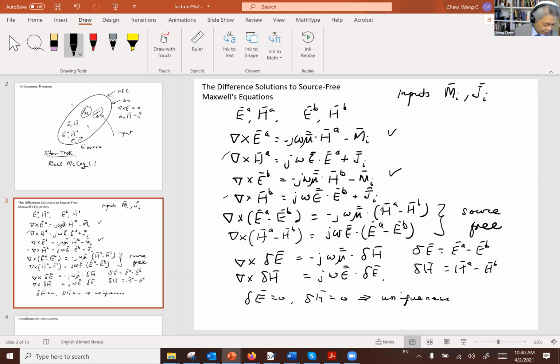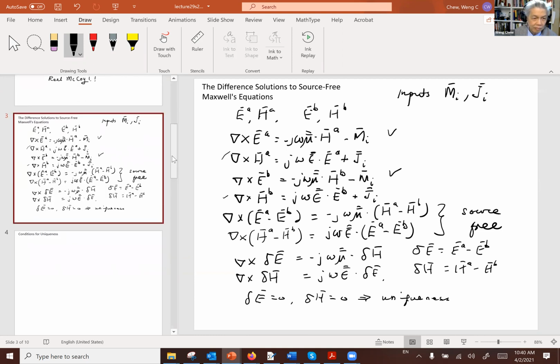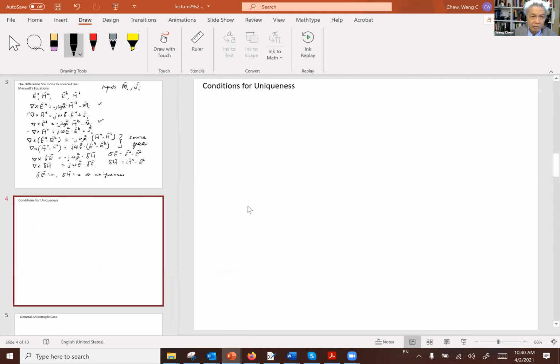And we look for situations under which delta E and delta H are not equal to 0. Okay, let's see when would that happen. Okay, so we look for the conditions under which delta H and delta E would be 0.